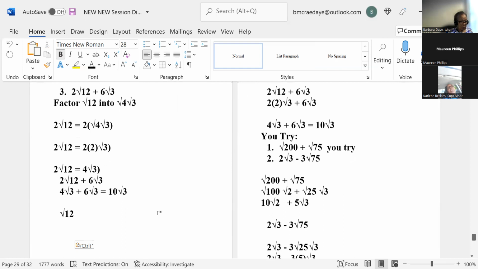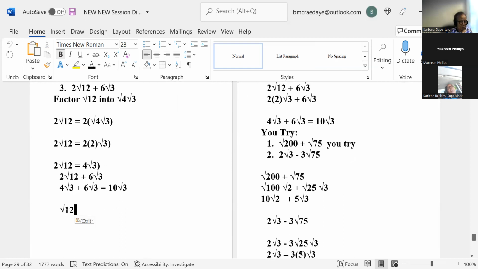Now let me put 48. Now, square root of 48 doesn't have a perfect square root, right? Right, Maureen? Now, what two factors can you multiply to give you 48? One has a perfect square root. 3 and 16.